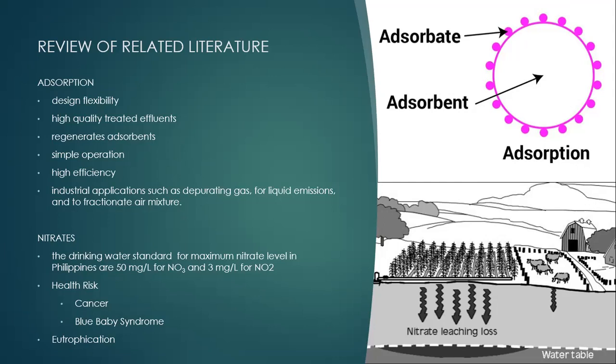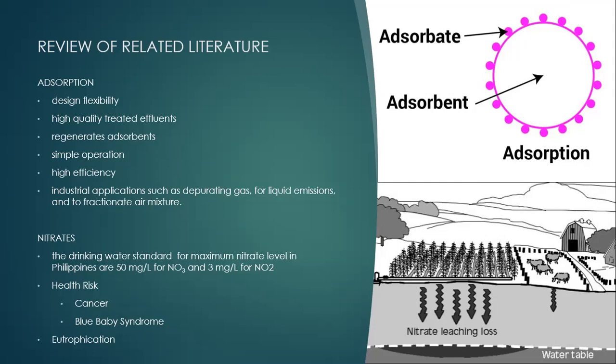damage to human health. And also, one of the notable health risks is what we call blue baby syndrome or methemoglobinemia, where this affects infants, and as they consume an ample amount of nitrate, they turn blue.